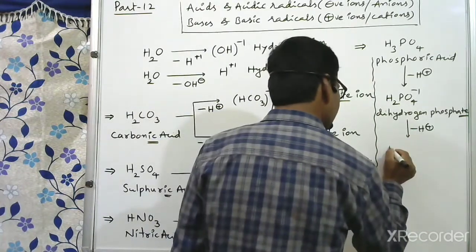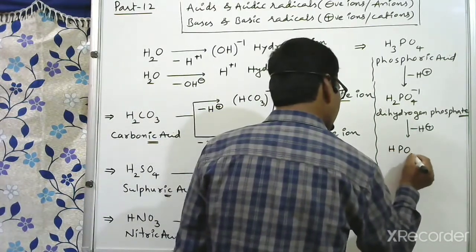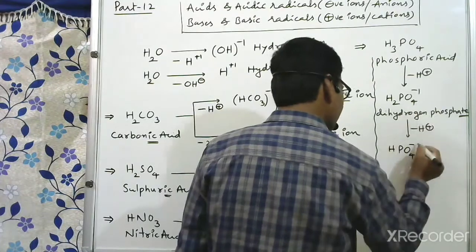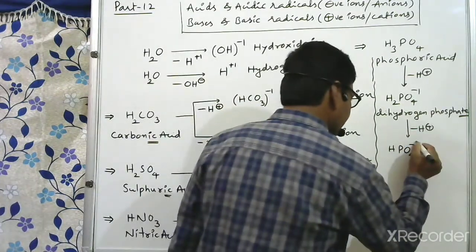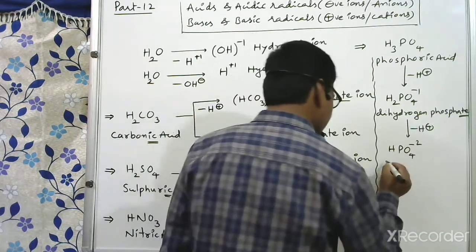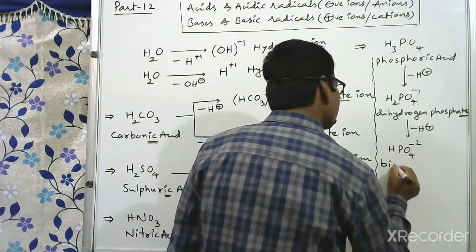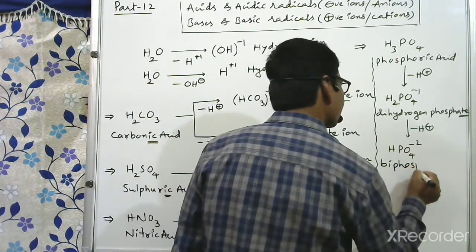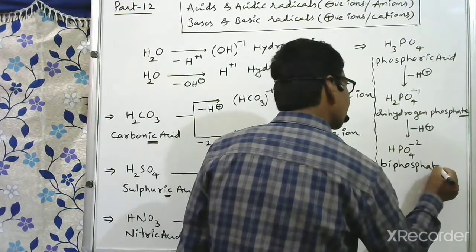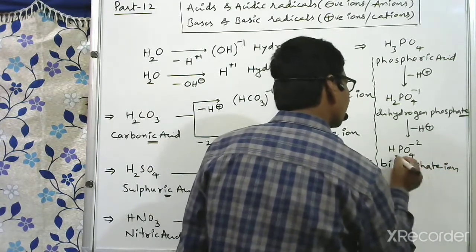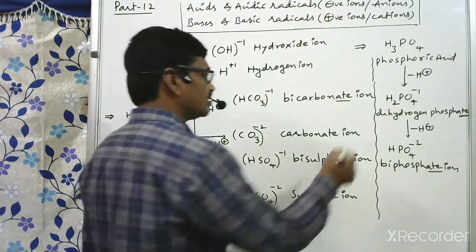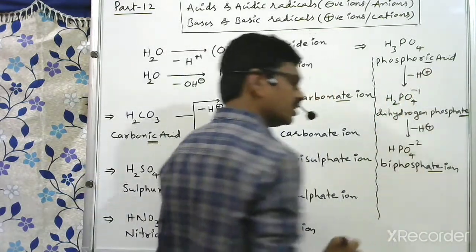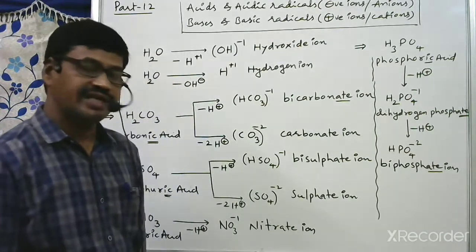So the remaining is HPO4, minus and minus, that means minus 2 we can write, which is nothing but biphosphate ion, otherwise hydrogen phosphate. See the ending ate, because it is an ic acid. All ic acids end in ate.